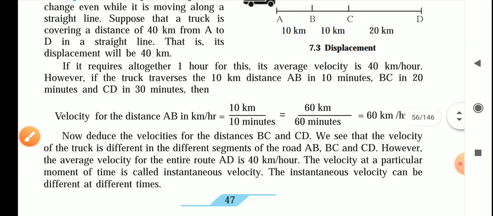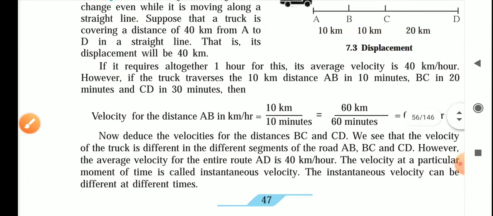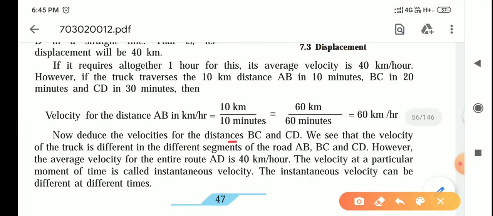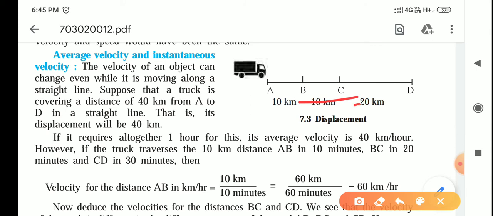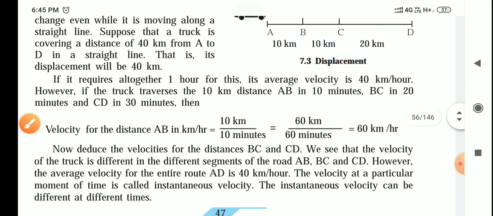Now you can deduce the velocities for the distances BC and CD. You already know the displacement and time as well, which is given here. For BC it is 20 minutes, for CD it is 30 minutes. These displacements are also given, BC and CD, so you can calculate their velocity.